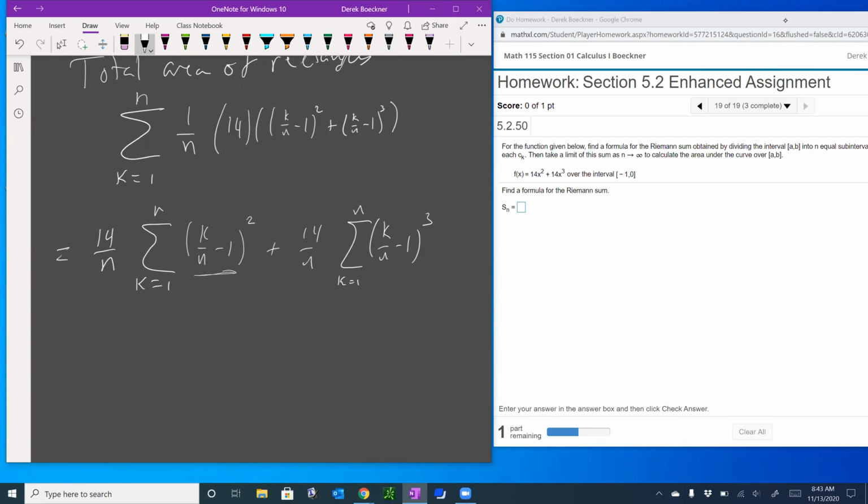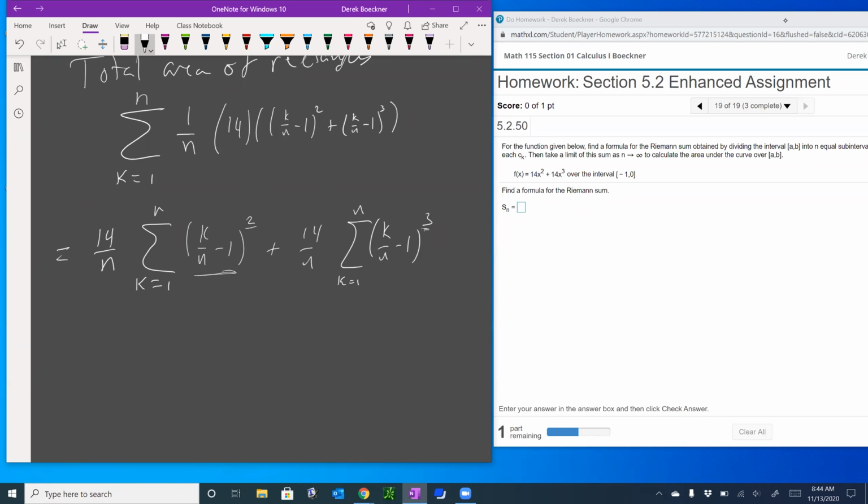I'm going to distribute, or actually FOIL, whatever you want to call it, but I'm going to expand these guys out because that's going to make things easier on me, because I don't know what to do when the k over n is inside with a -1 here. I can't pull the n outside, which is what we've been doing. It'd be really nice just to have sums of k to some power again, right? Because that's what we've been doing.